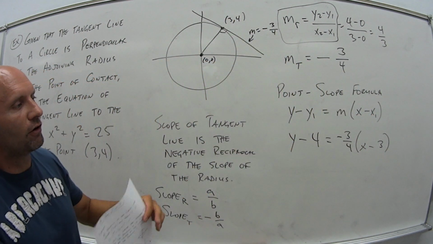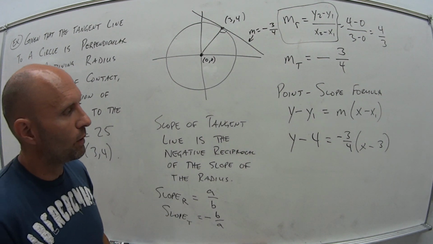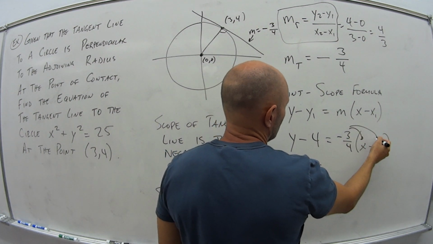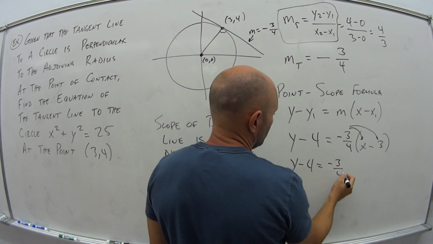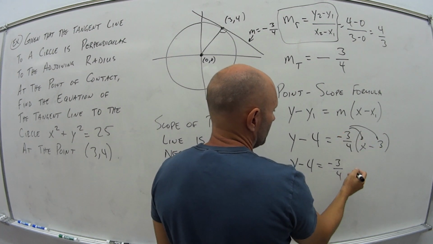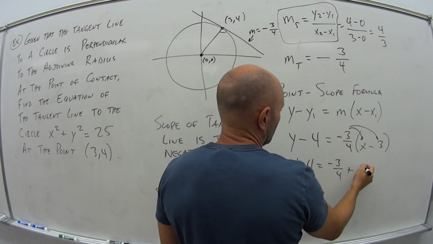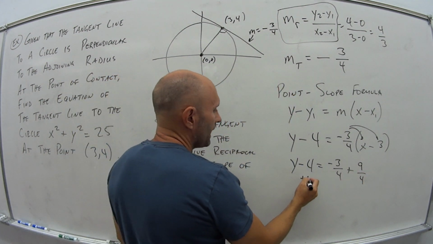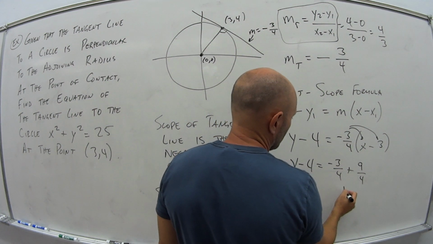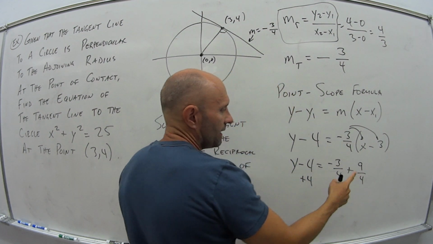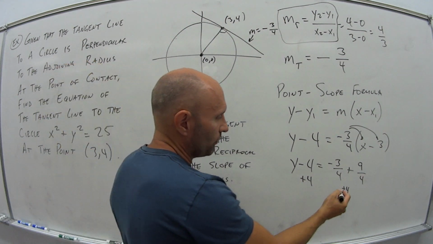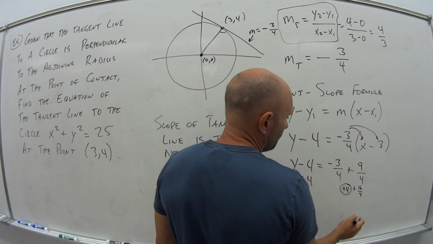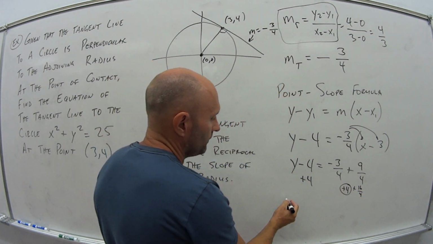And now I just need to distribute and move all the pieces so I can get the equation of a line. So I get y minus 4 is, distribute this negative 3/4, so minus 3/4 x. Negative times negative is positive. 3 times 3 is 9, so 9/4. And then I want to add 4 to both sides. But because I am adding 4 to 9/4, I really need this as a fraction. So I'm actually adding 16/4 to both sides.